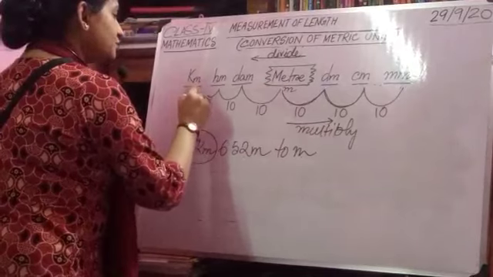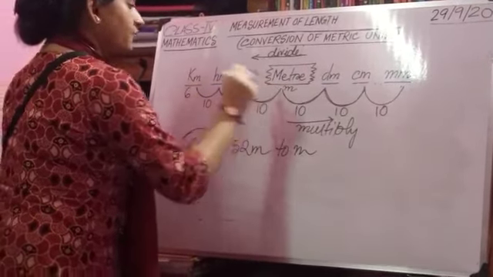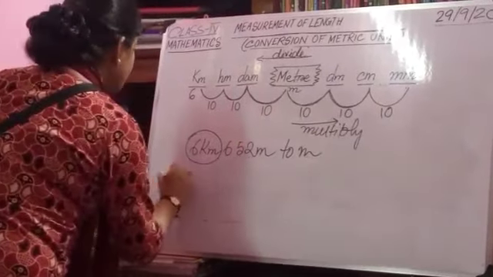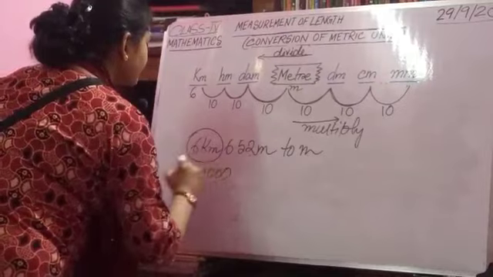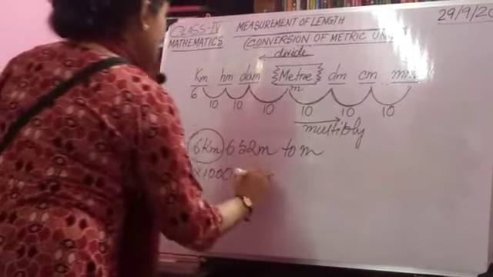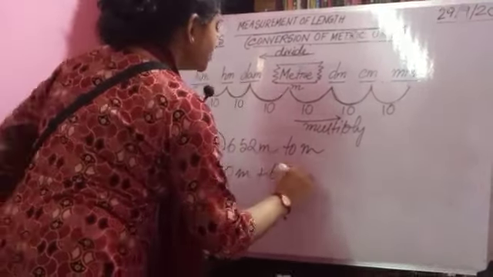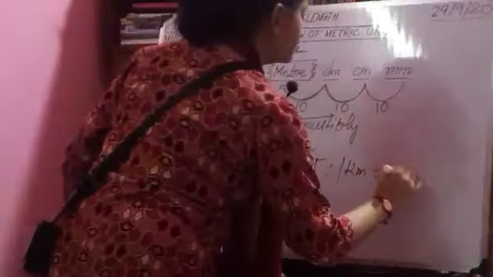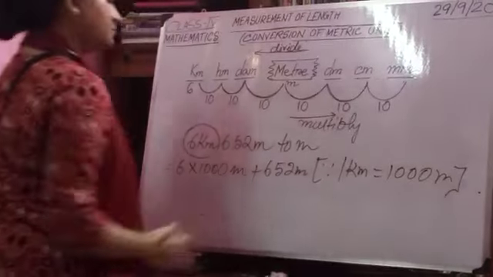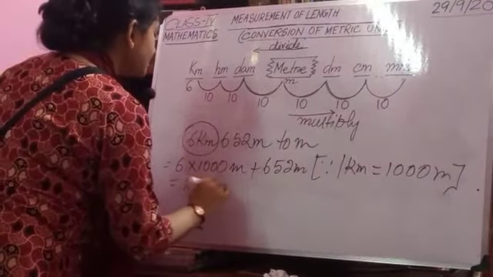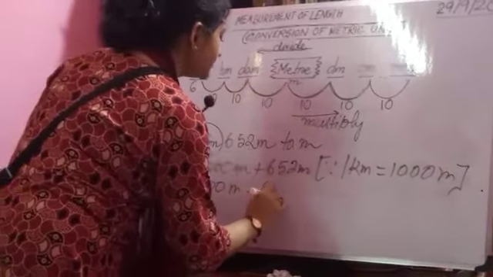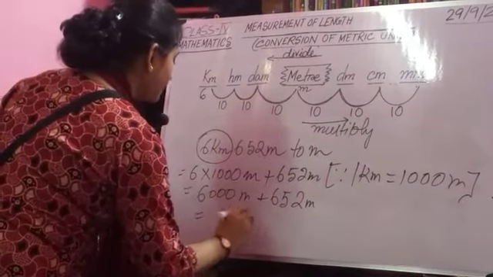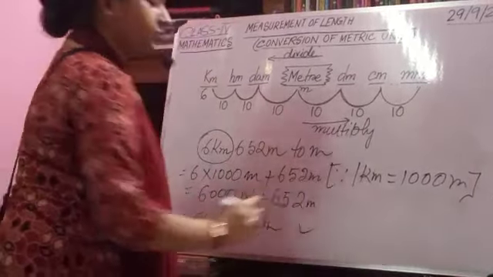How many gaps? 1, 2, 3. 10 into 10 into 10, that means 1000. So, 6 into 1000 meter plus 652 meter, since 1 kilometer is equal to 1000 meter. Right? So, 6000 meter plus 652 meter finally gives you 6652 meter, and that is your answer.